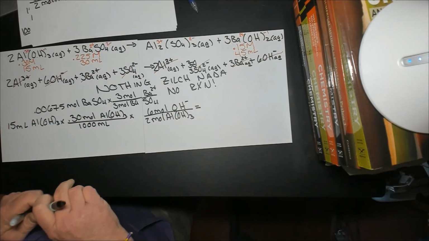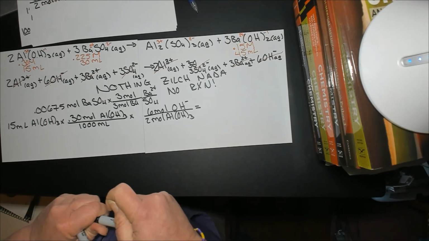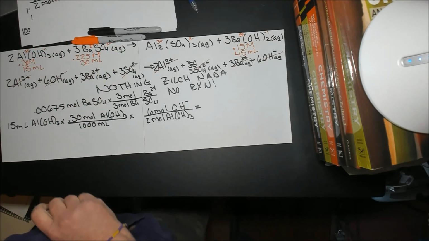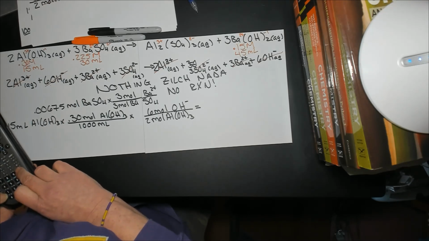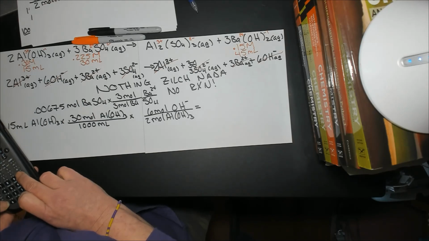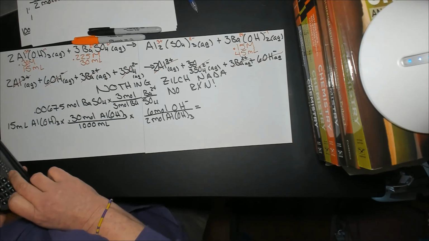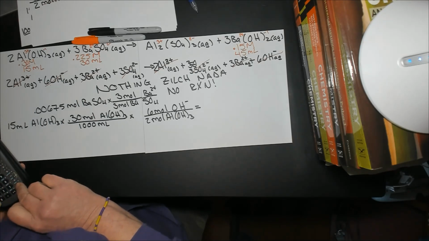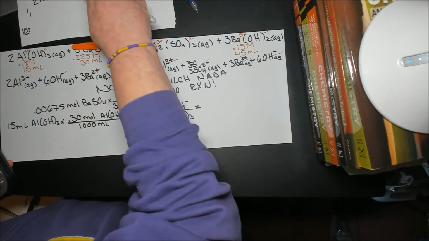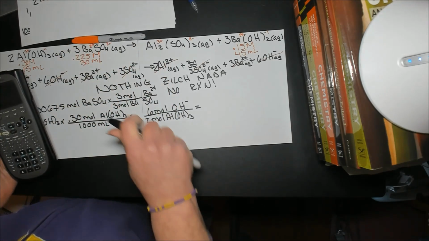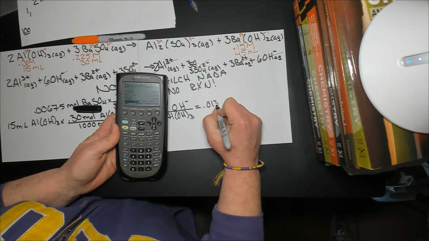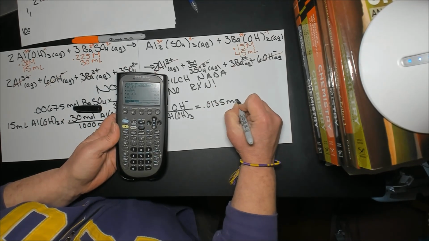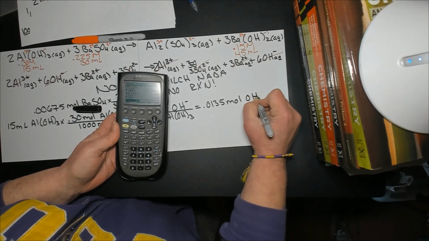So now to get my molar concentration of that, I had to put that in my calculator. So 15 times 0.3 times 3 divided by 1,000 gives me 0.0135 moles of OH minus.